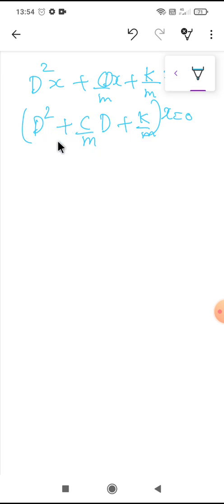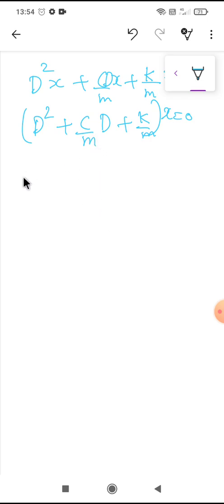So how can we solve this equation? As you can see, this is a simple quadratic equation.